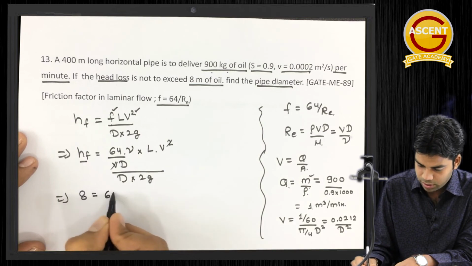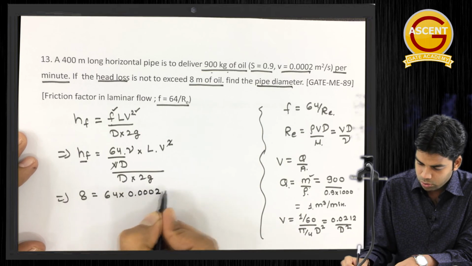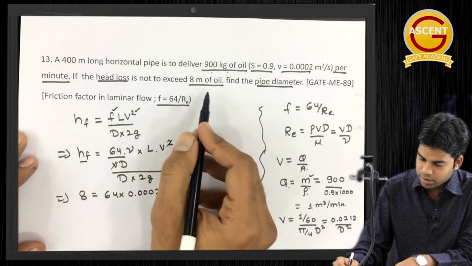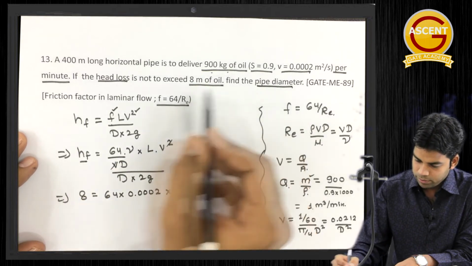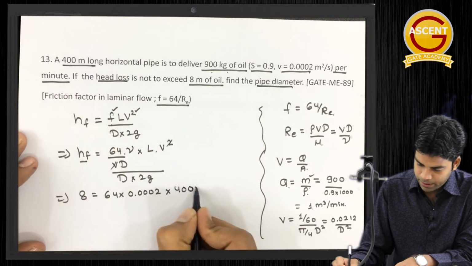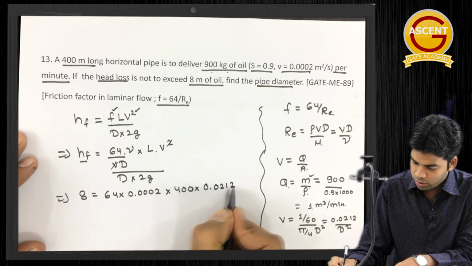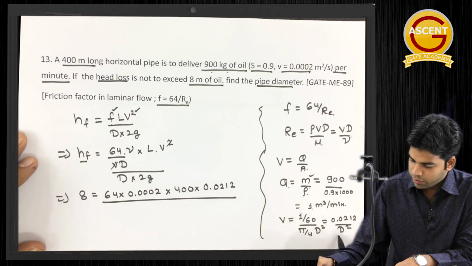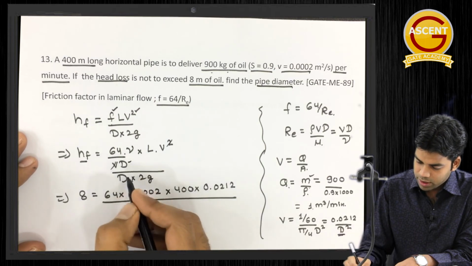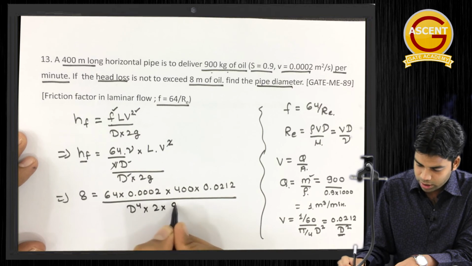This will be equal to 64 into nu, which is given as 0.0002, into length, which is 400 meter long pipe, into velocity, which we have determined as 0.0212 divided by d square. So we have this one d square, then we have this d and d. So total this will be d raised to power 4 into 2 into 9.81.